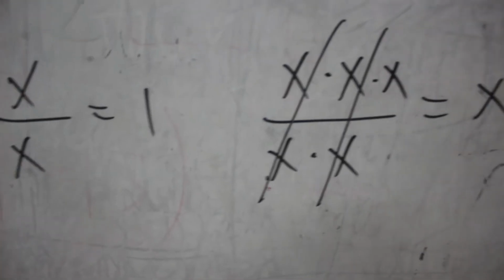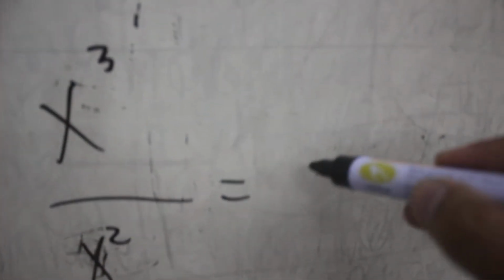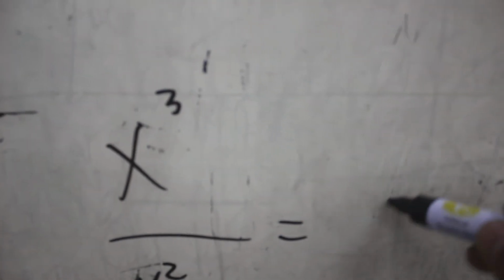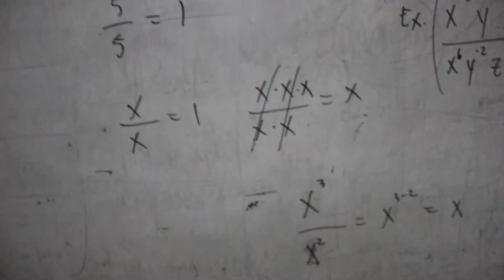Kung isusulat natin, x cube over x squared. Ang mabilin, x to the 3 minus 2, which is x. So, parang ganun lang yung logic, guys. Okay lang ba? Yes, sir!